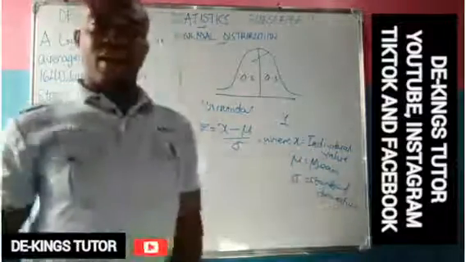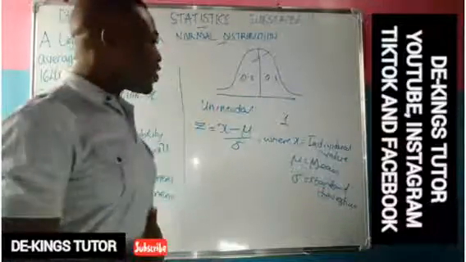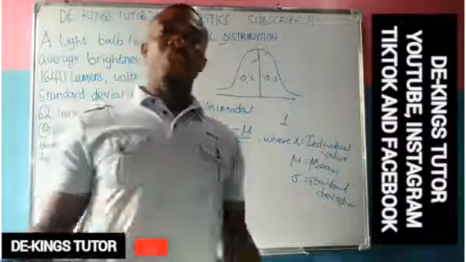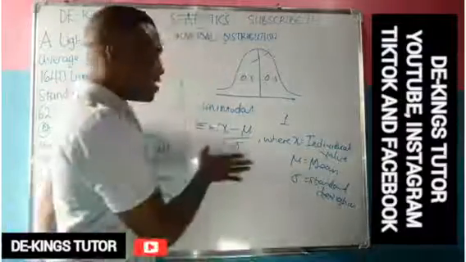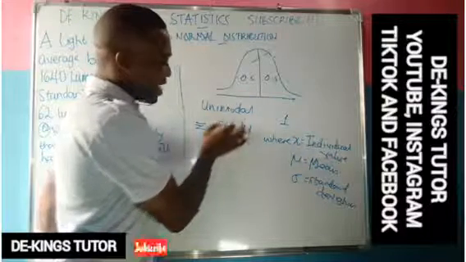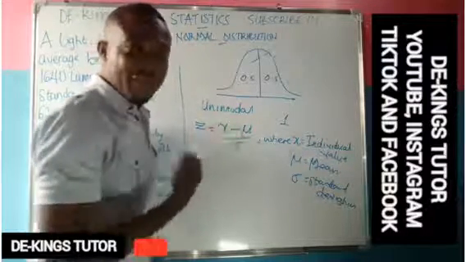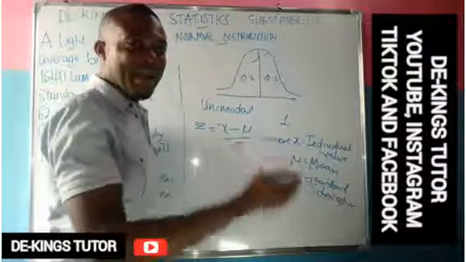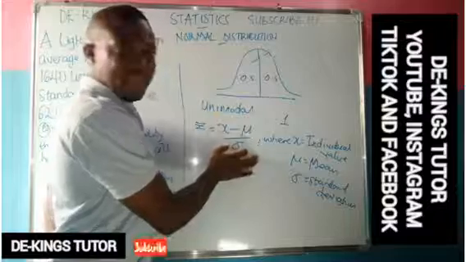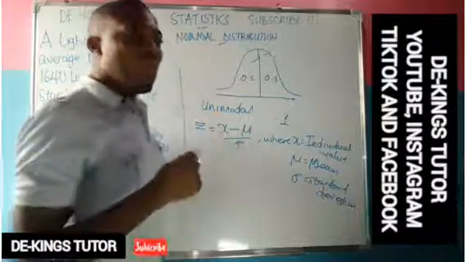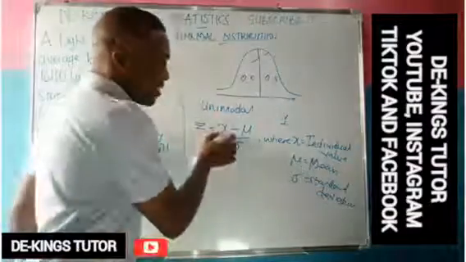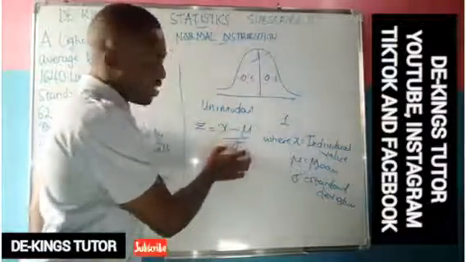Now whenever we are given a question like this, you cannot get the normal solution directly. That is why it is converted to the Z distribution, which is given by this formula. The X here stands for the individual value you'll be asked to find, either more than or less than, while this is our mean and this is our standard deviation. So whenever you're given a question, your eyes should be affixed on what is my X, what is my mean, and what is my standard deviation.